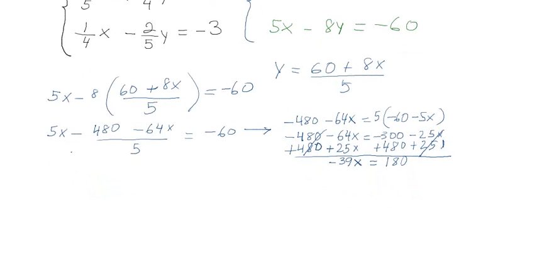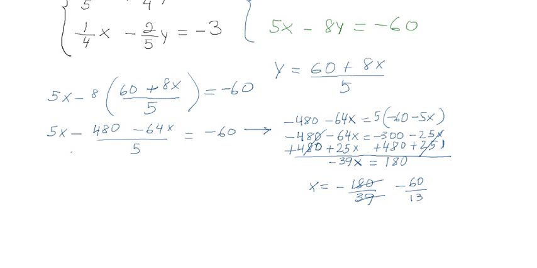Okay. So if I solve for x, I would have x equals minus 180 over 39. So I divide both by 3, and I have negative 60 over 13.